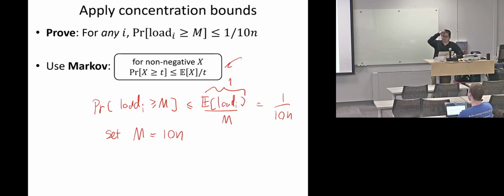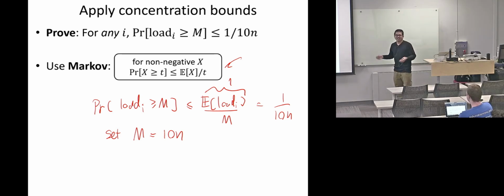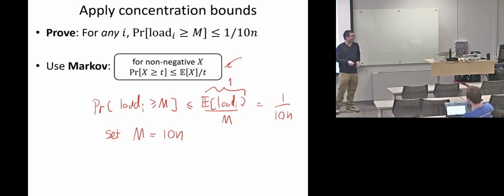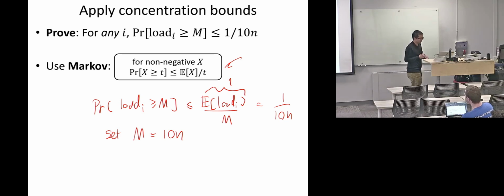So that seems useless, right? There are n balls, and so there's no way that load i is going to be more than 10n anyway. So that's basically useless. So Markov is not strong enough for this case.